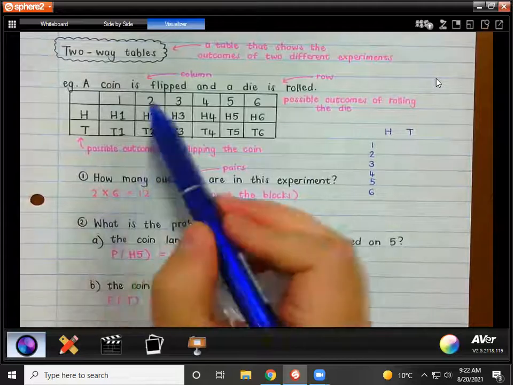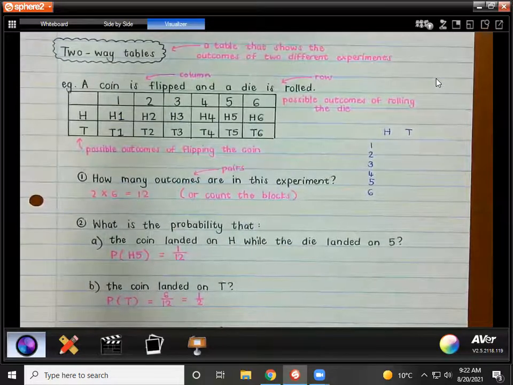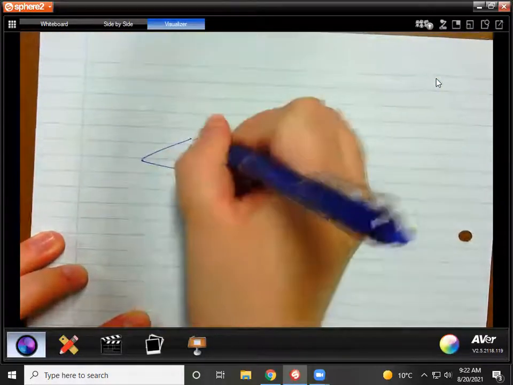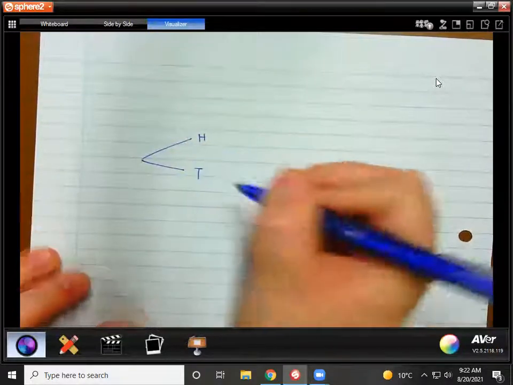What you are putting in these blocks is similar to what you would write at the end of your tree diagram. So if we drew this as a tree diagram, we would have done heads, tails. Right? Let me do it here on the back. Heads, tails.